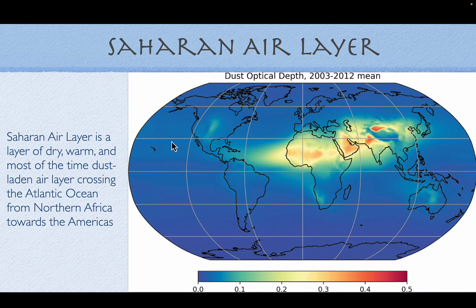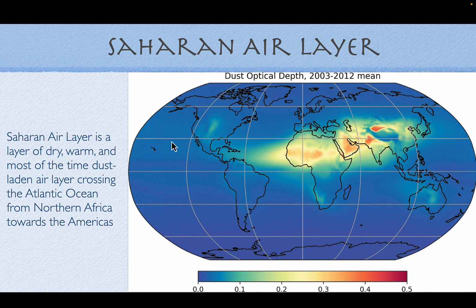We can see that today if we look at the Saharan air layer, and here we've got the dust optical depth averaged over the years 2003 to 2012, where we can see that that Saharan air layer is basically located above the trade wind inversion, the Hadley cell. It stretches from 1.5 to 7 kilometres in altitude above sea level.